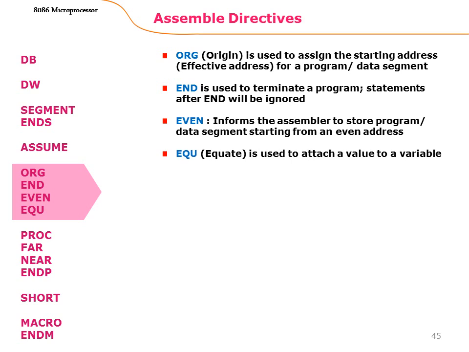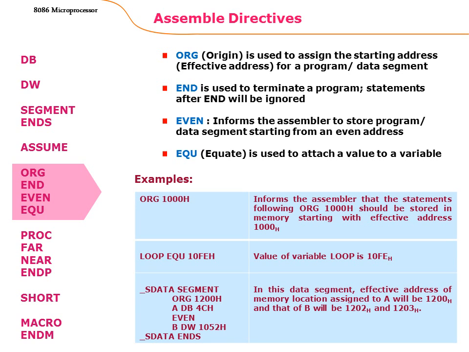EQU is an assembler directive which is used to attach a value to a variable. ORG 1000H informs the assembler that the statements following ORG 1000H should be stored in memory locations starting with effective address 1000. Loop EQU 10FEH: the value of the variable loop is assigned 10FEH.